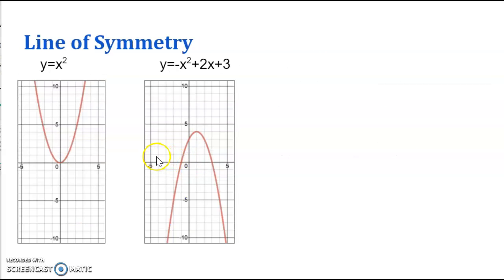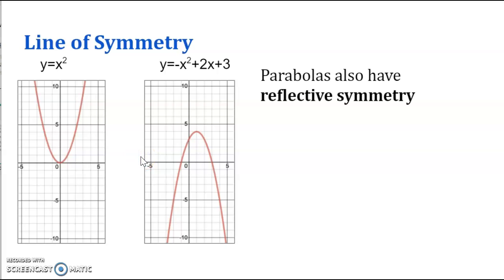All right, and then finally the line of symmetry. What is a line of symmetry? Well, parabolas also have a reflective symmetry. It's almost as if I folded this in half at the y-axis, it would match up.